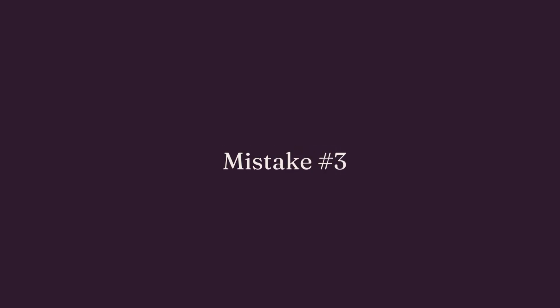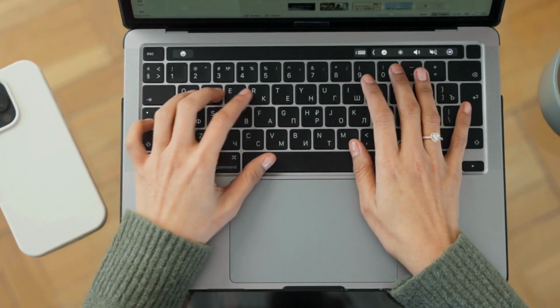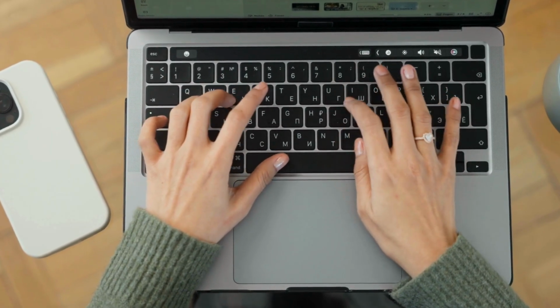Mistake number 3, building over and over and over again. You write an awesome brief about getting a new campaign ready for your next product launch, and you detail it so well with the structure, the client brief, the kind of approach that you want to take. All of that is built in so beautifully.